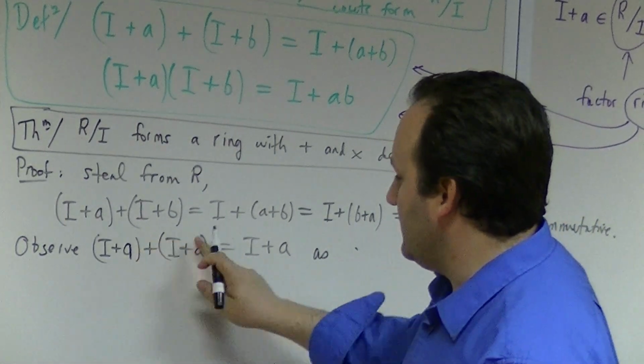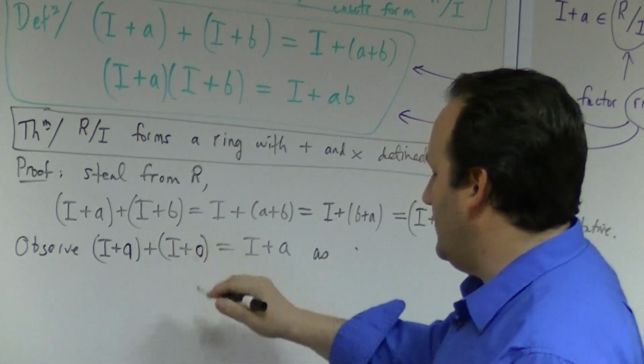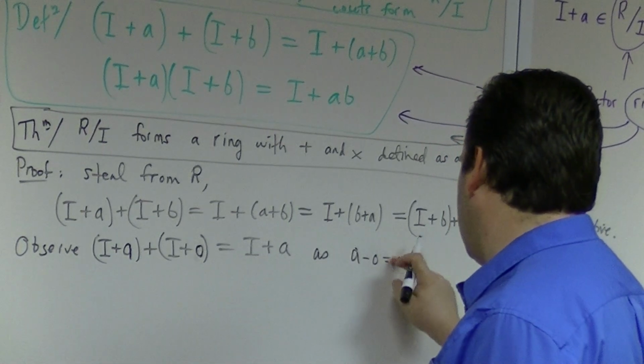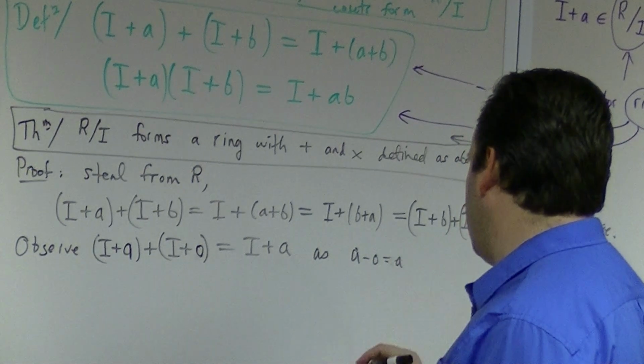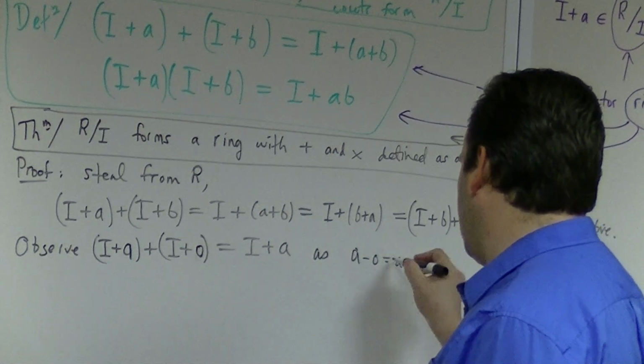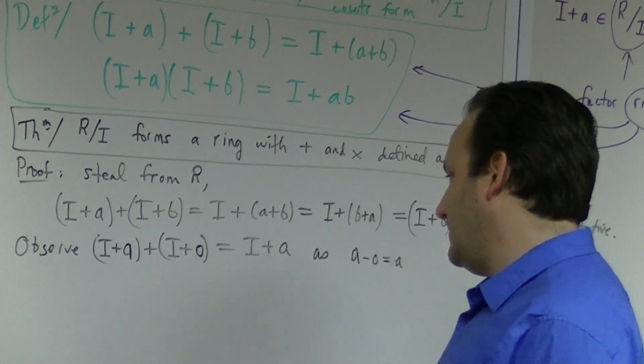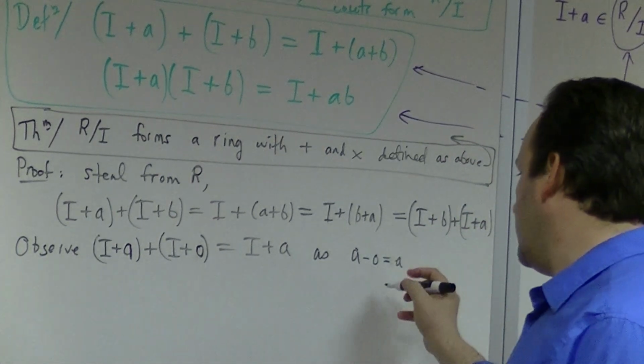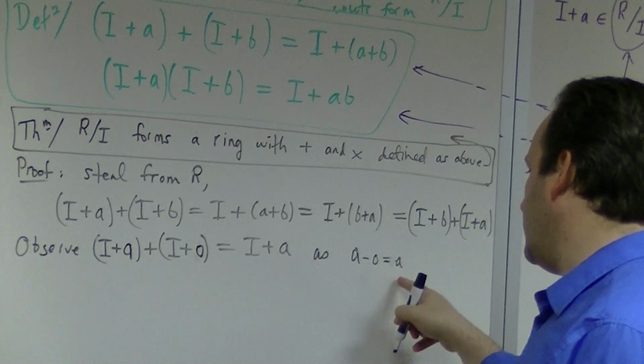Let me put an A there and a 0 here, just to make it more natural. So A minus 0 equals A, right? Excuse me. A minus 0 is equal to A.